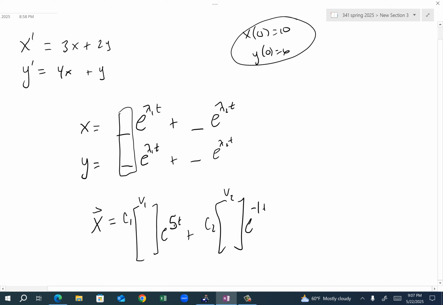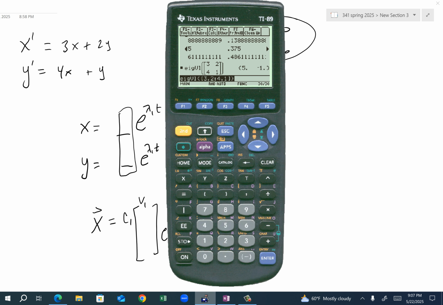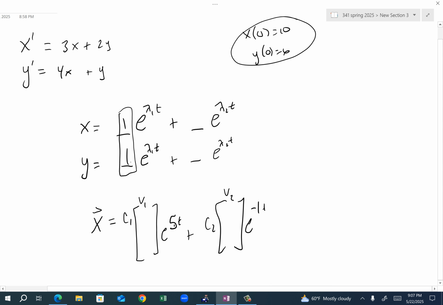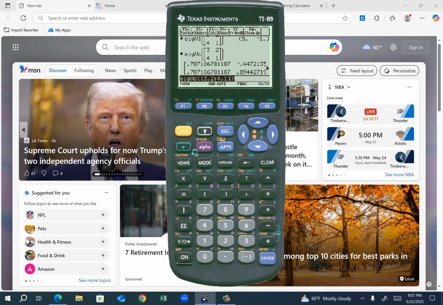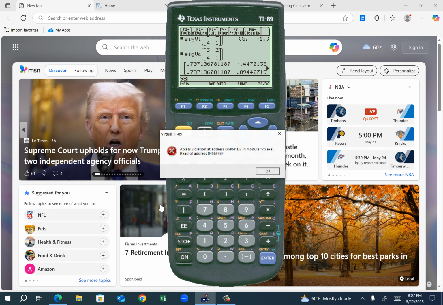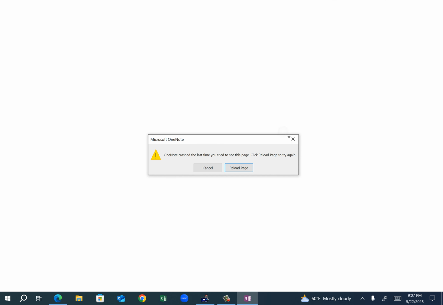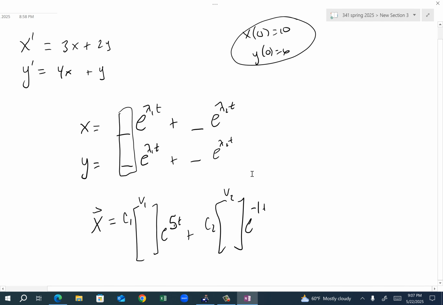So here's the deal. So we come back into this guy, and you're like, oh, okay, well, what are the eigenvectors? And so they are 1, 1, and 1, -2.